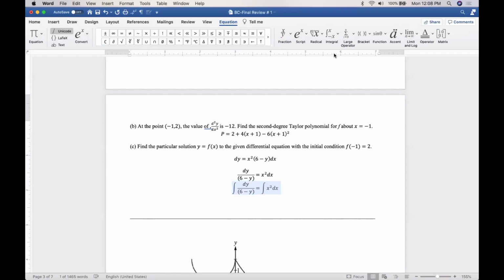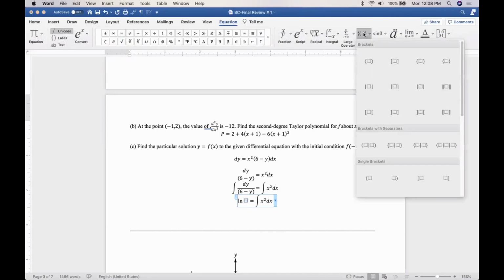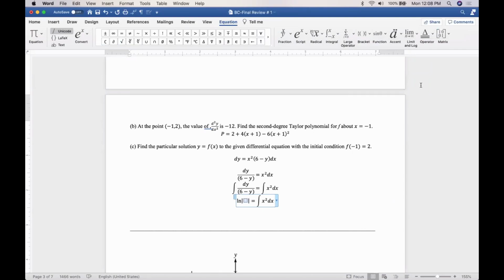Next is to find the answer for the integral. The answer for this side is ln of the absolute value. Don't forget the absolute value of 6 minus y. And on that side, I have x to the third over 3, or if you wish to write it as 1/3 x cubed, that's fine by me, plus c.